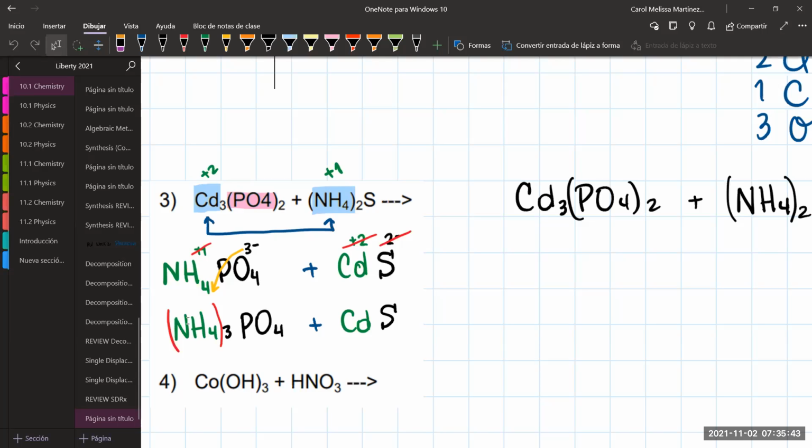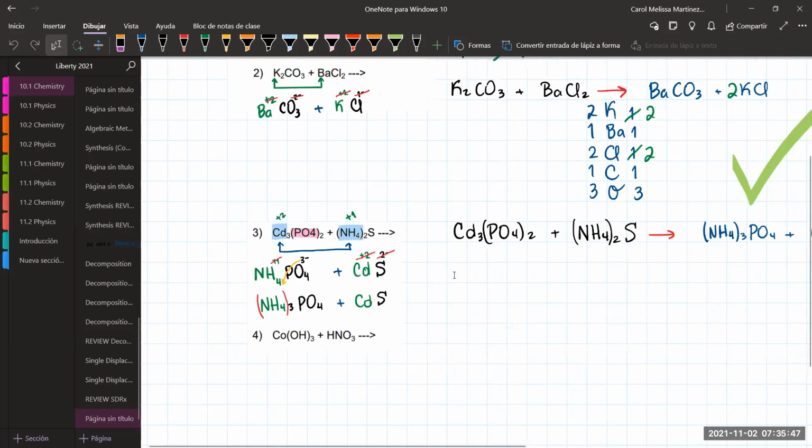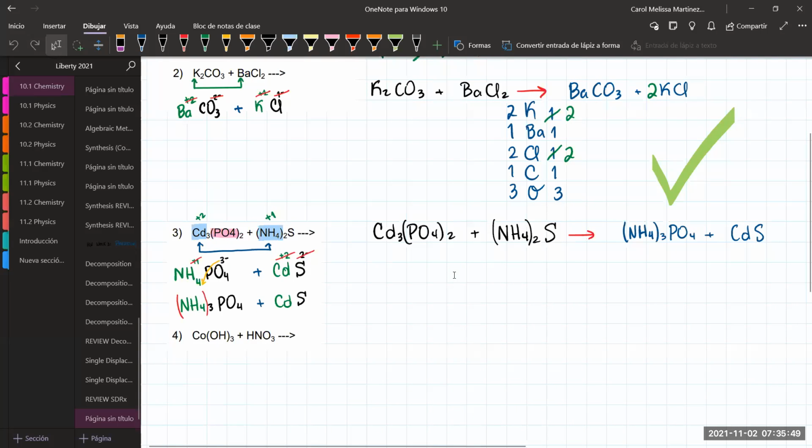All you need to do after is check that it's balanced. So you will have the metal first, and then the non-metals.